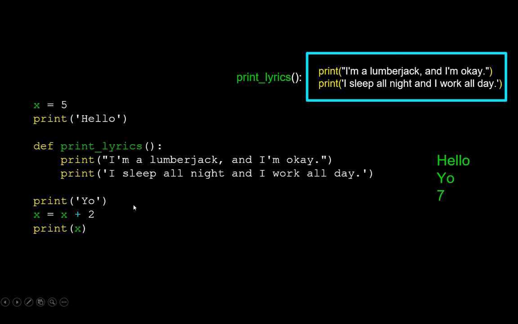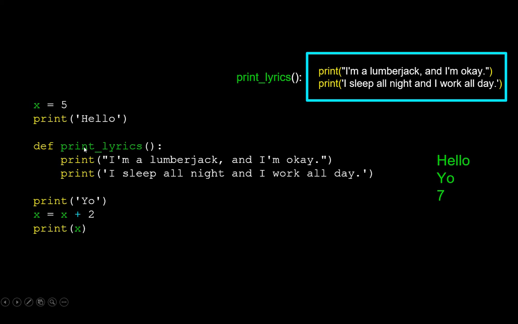Okay, so here we're going to see what our output will be. We are assigning 5 to x. We have print hello, which will come back here. We define the print lyric function, and we have 2 print commands in it.